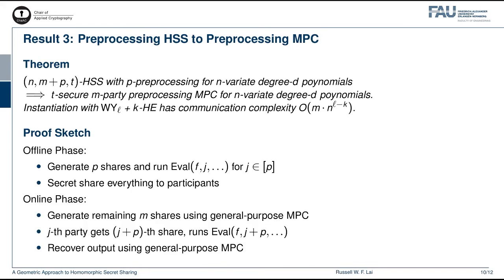Then, in the online phase, when the participants receive their online inputs x1 up to xn, they would generate the remaining M shares using a general-purpose MPC protocol. The Jth party would get the J plus P share and run the HSS evaluation algorithm to evaluate the function f on its shares locally. Finally, the participants can recover the output using yet another general-purpose MPC protocol.